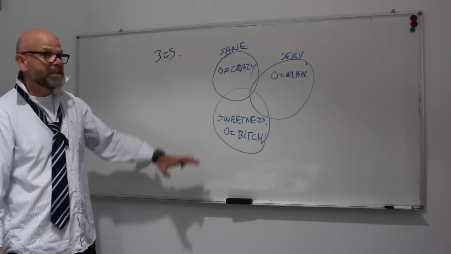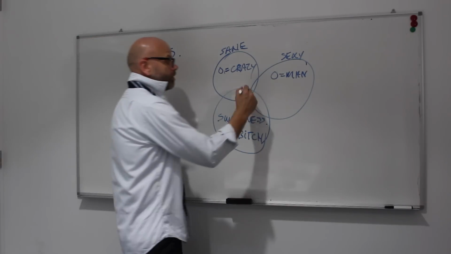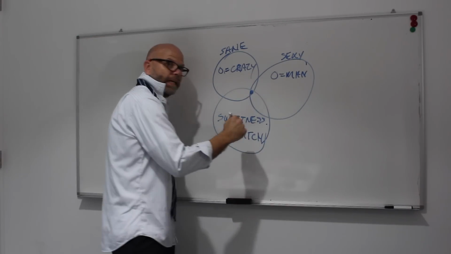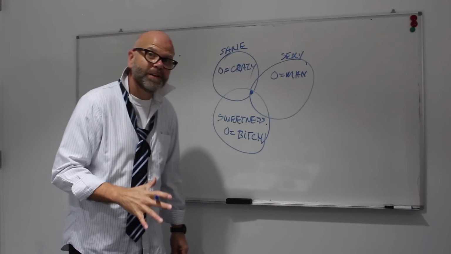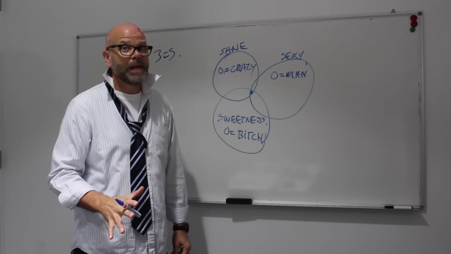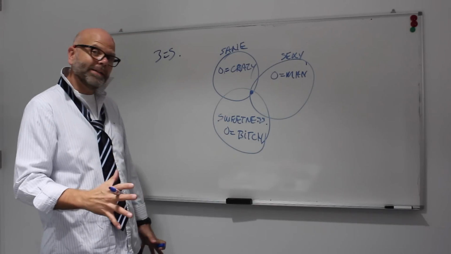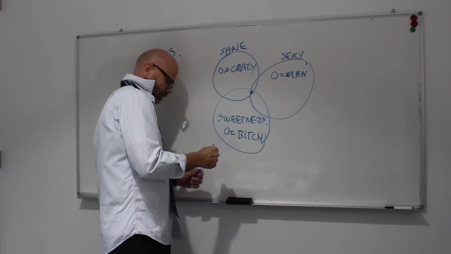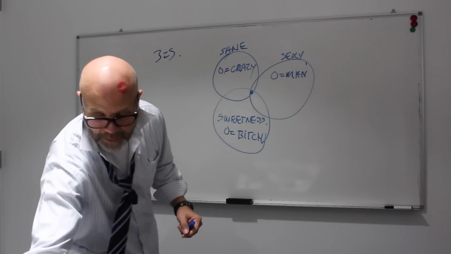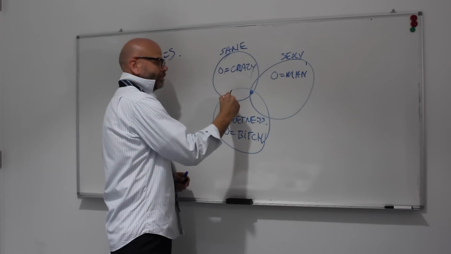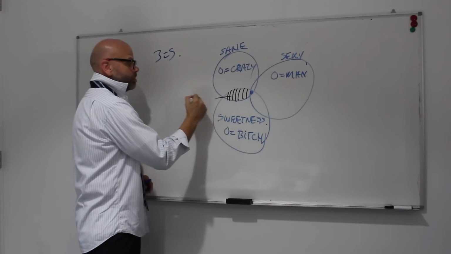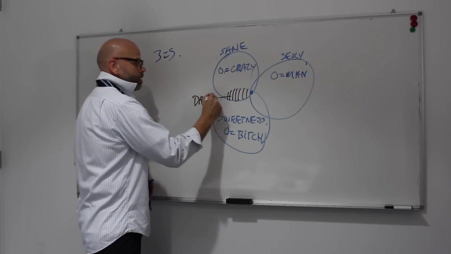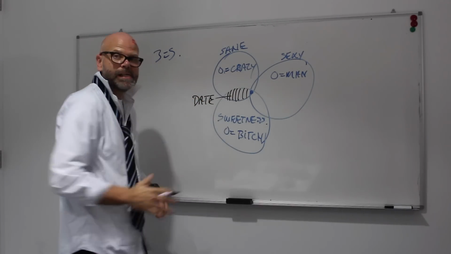Now, based on this diagram, this is the area where you want to get. That's the ideal woman right there. But there's very, very few of them, so they're in very high demand. But there's lots of women right here. And these women, very dateable. Women who are sane and sweet.